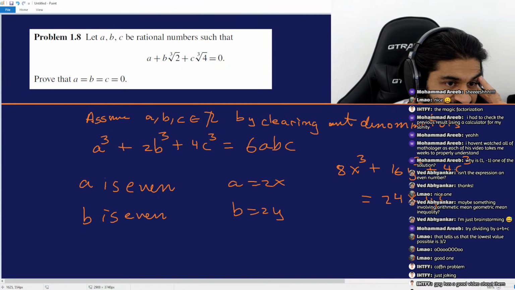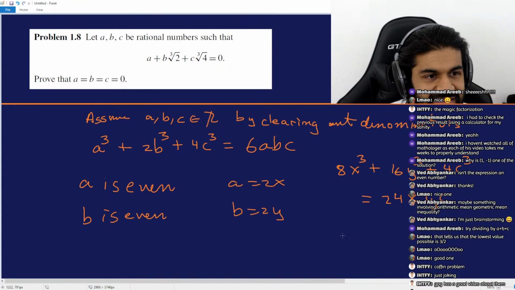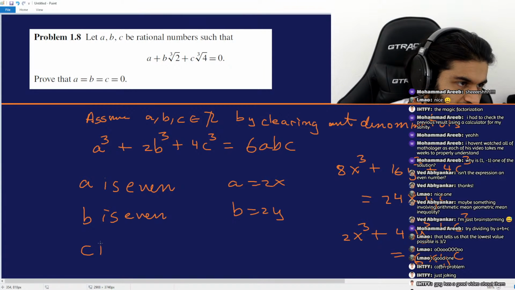Then you cancel out all the 4's, and you would get that 2x cubed plus 4y cubed plus c cubed is equal to 6xyc, which tells you that c is also even.